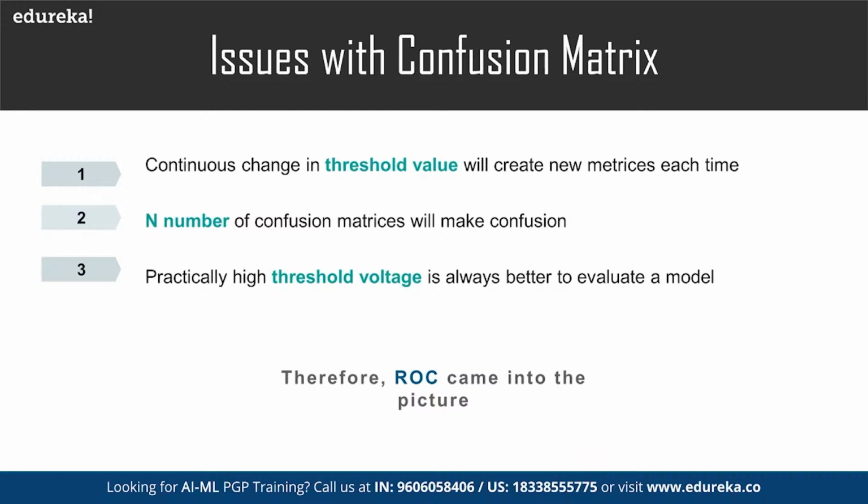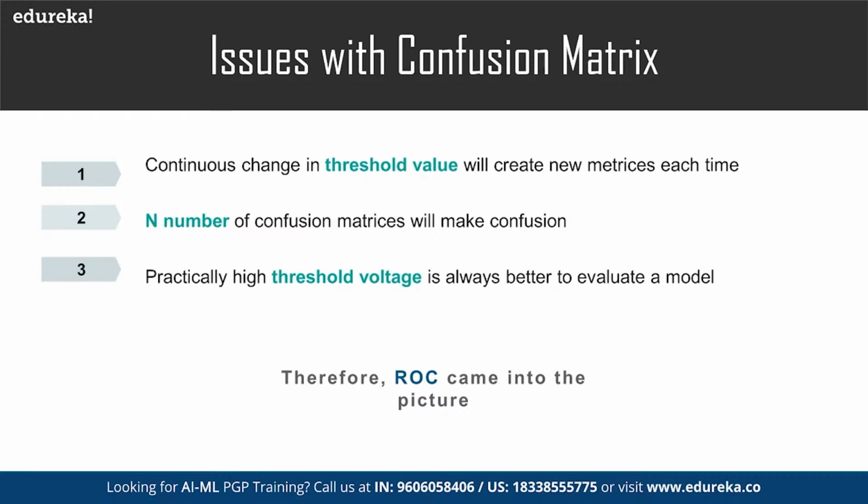And here, coming to the confusion matrix, continuous changes in the threshold value will create new metrics each time. This is quite challenging, so that is why the confusion matrix actually fails, I would say. When we do not have such a scenario in place, we do not worry about it, so we go on to use the confusion matrix.